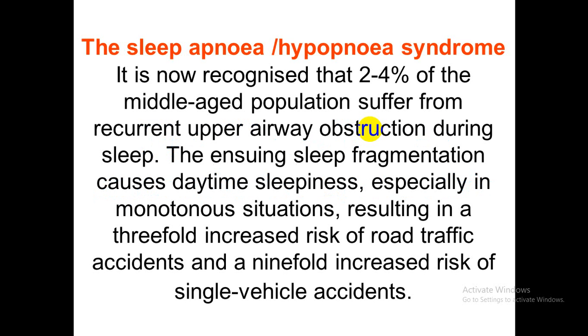Sleep apnea, as the name says, is apnea during sleep, and this usually happens in 2 to 4% of the middle-aged population, and most of the patients in the 4% get upper airway obstruction during sleep causing snoring. And snoring is a common manifestation in middle-aged patients, mostly male, mostly obese, with a short neck.